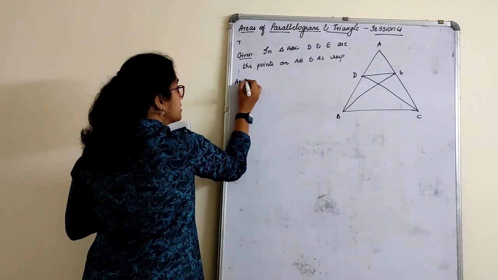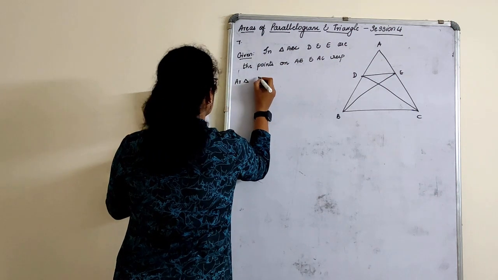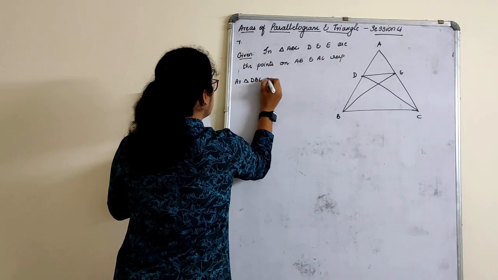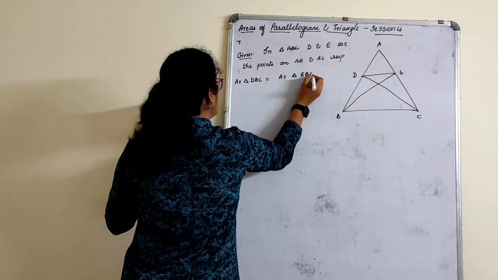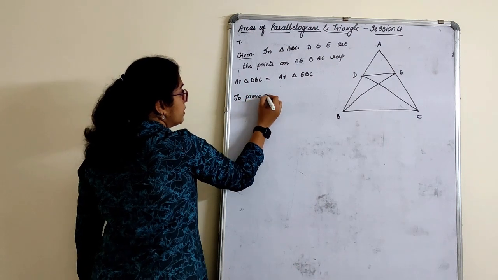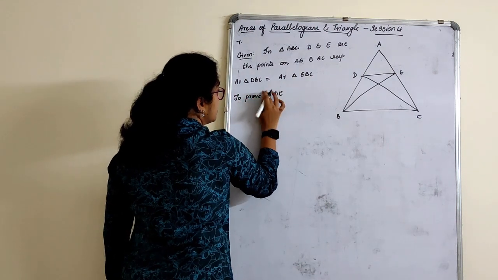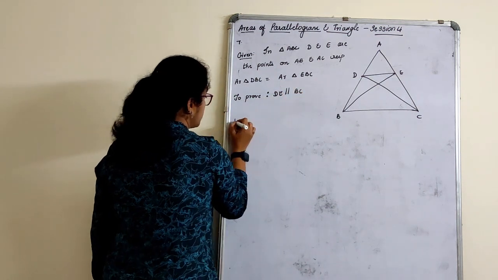Apart from that, what is given? Area of triangle DBC is equal to area of triangle ABC is given. What we have to prove? We have to prove that DE is parallel to BC.